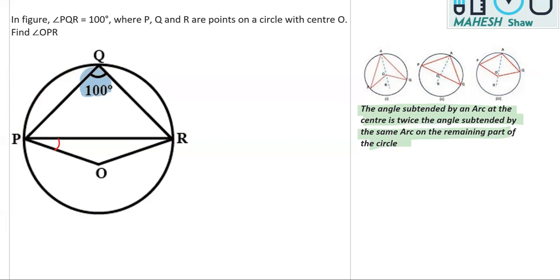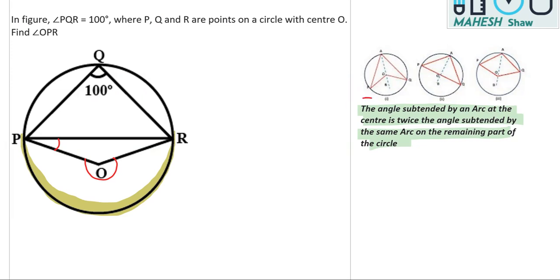So once again, this angle PQR is subtended by this major arc PR. From the property that the angle subtended by an arc at the center is twice the angle subtended on the remaining part of the circle, this arc is also subtending an angle at the center, and it has to be the reflex angle POR, as it is subtended by the major arc, not the minor arc.